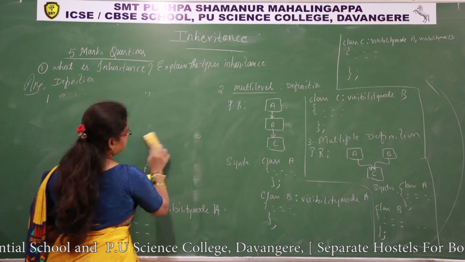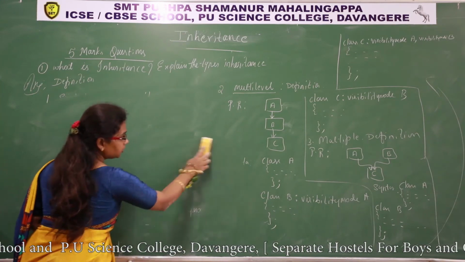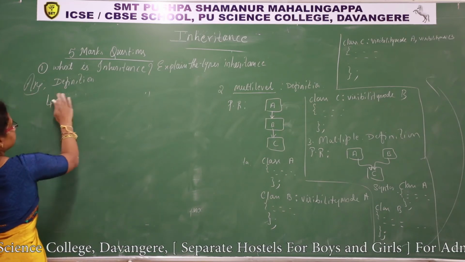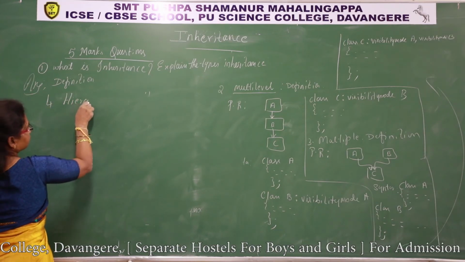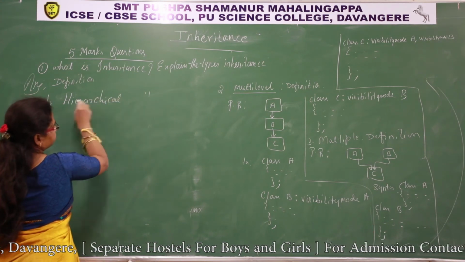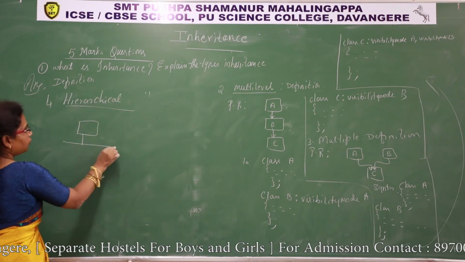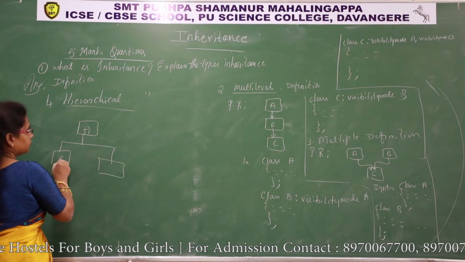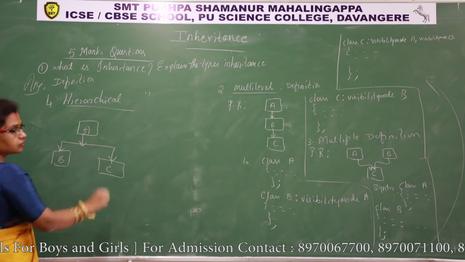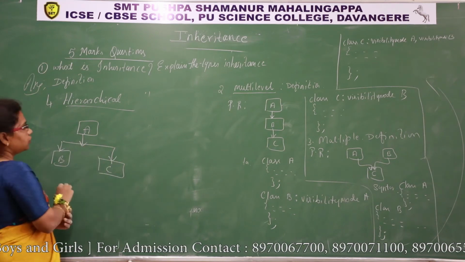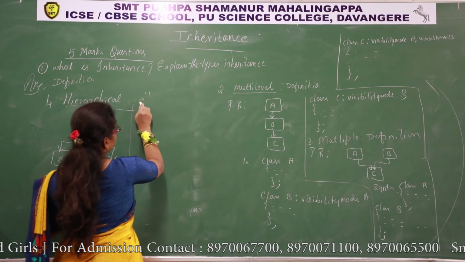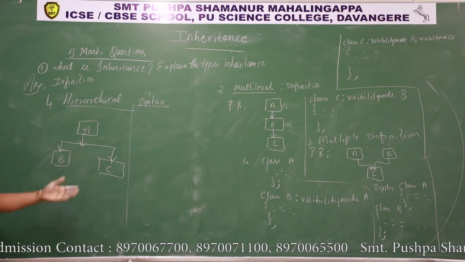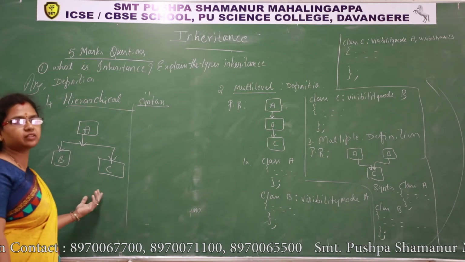Hierarchical inheritance, definition, pictorial representation. What is the pictorial representation for hierarchical inheritance? Two or more classes are derived from a single base class: A, B and C. Okay. Now the syntax becomes like this. I am writing it so that you can recall what I explained in previous classes.